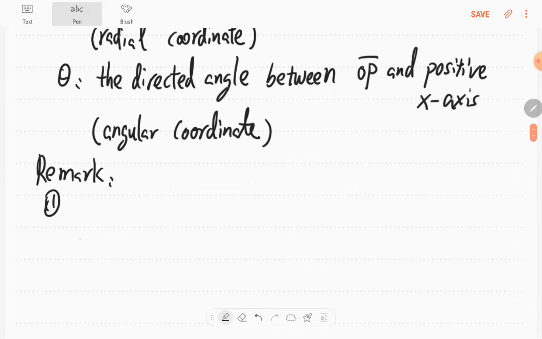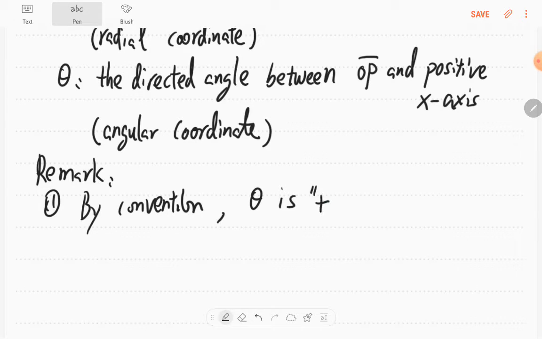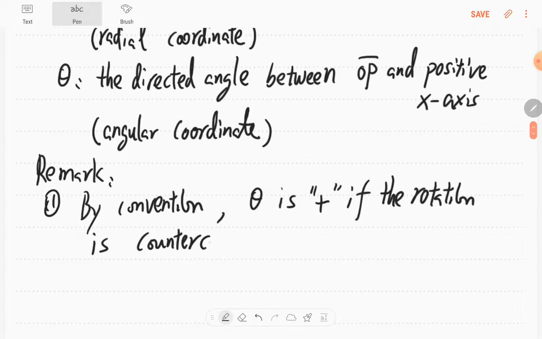By convention, theta is positive if the rotation is counterclockwise.